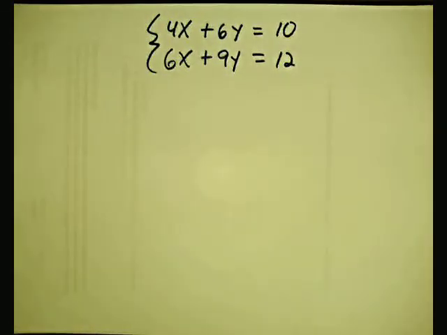So starting point again is to see, do either of your variables have the exact same number and opposite sign? And no on this one. Second thing is, can I take and multiply one equation by a value and get the other variable to match?